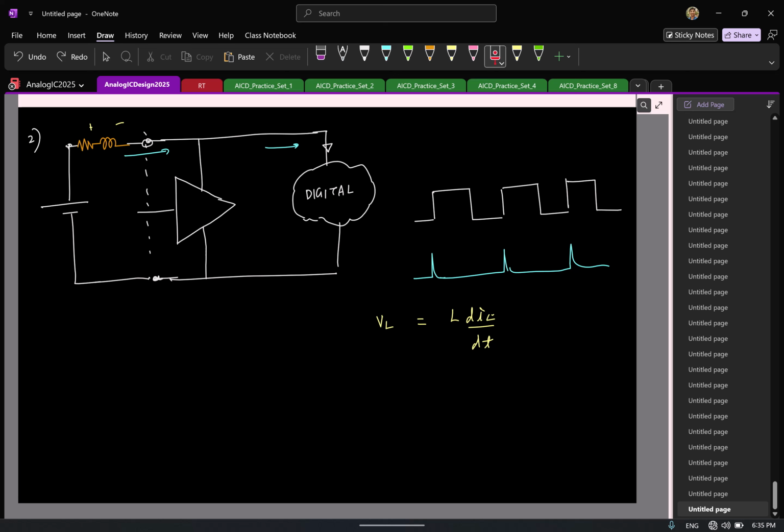Now, of course, one trivial solution is the following. What can you do to make sure that the DC voltage doesn't change? You can go and put a large capacitor. We call this bypass capacitor. The larger the capacitance you use, the better it will be.